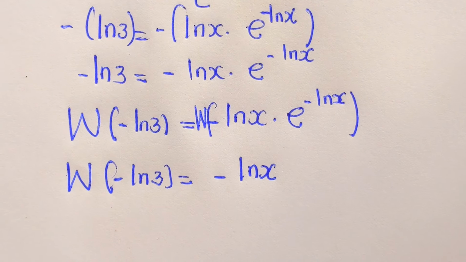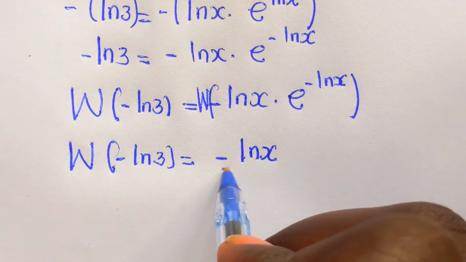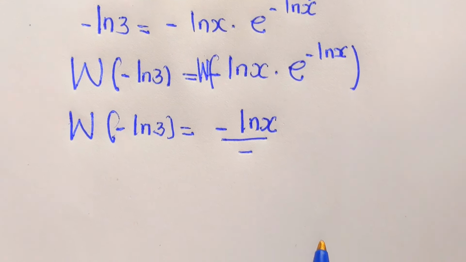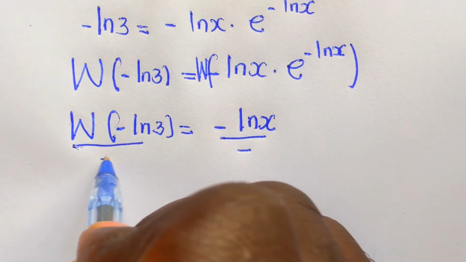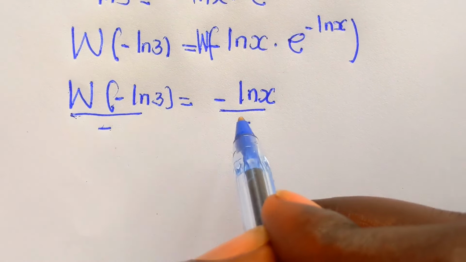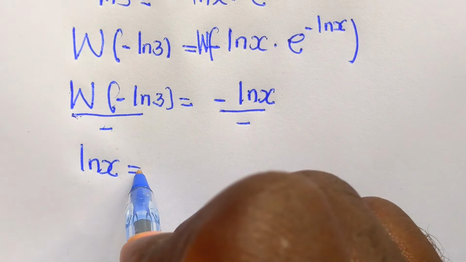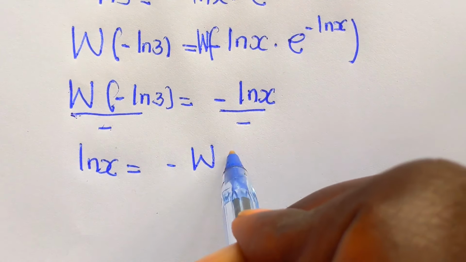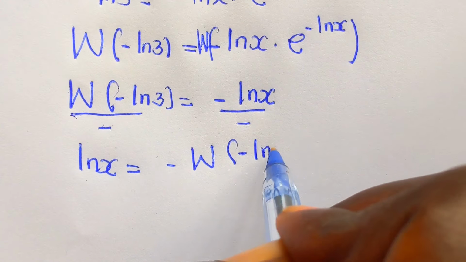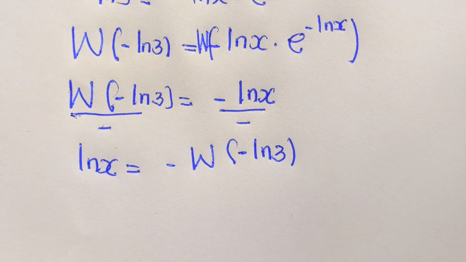Okay, and we have to divide by negative on both sides, so that we shall say ln x is equal to negative W of negative ln 3.